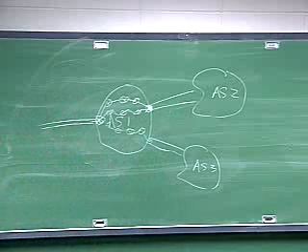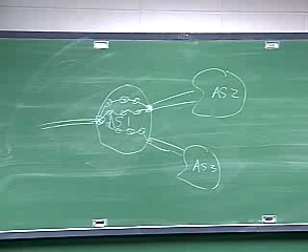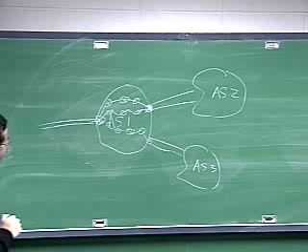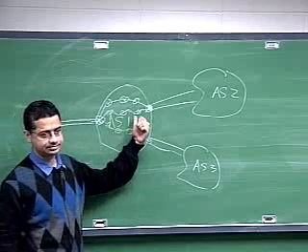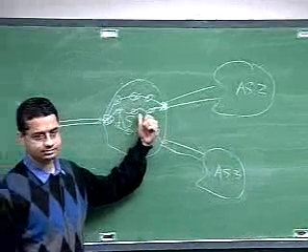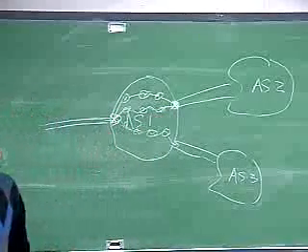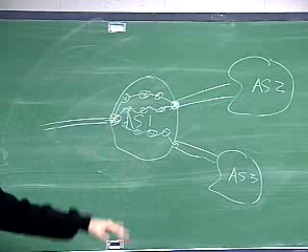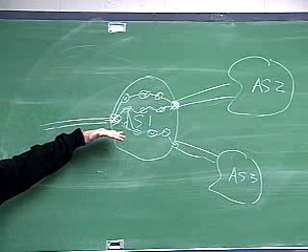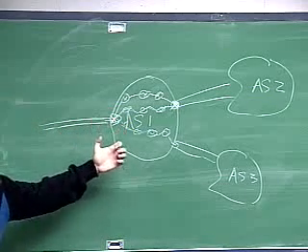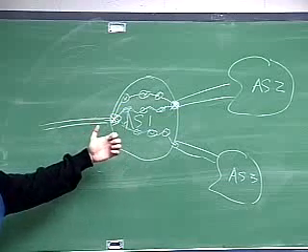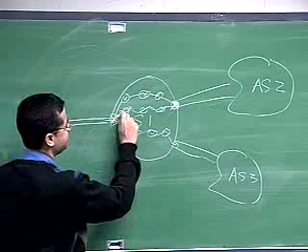If you're doing routing based on the IP destination header, how do you route packets? How will this router route packets? It will look at the destination IP address, it will consult its routing table, and then it will forward the packet along, let's say, 1 path.